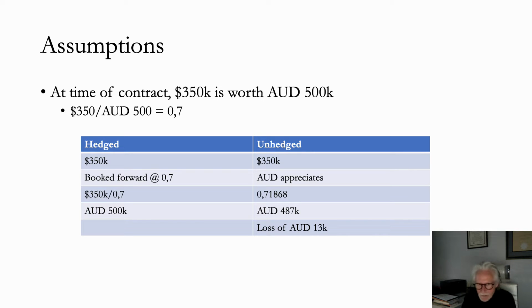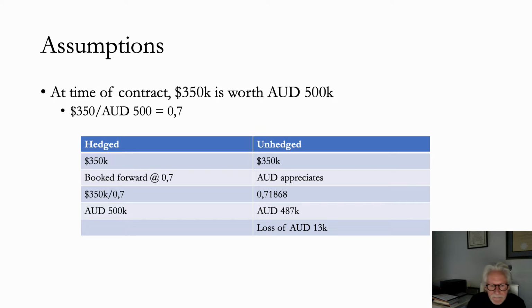If, on the other hand, we take another scenario and the exporter decides not to hedge and leaves itself exposed to currency risk, if the Australian dollar appreciates against the US dollar, it's going to cause a loss in the sense that at the time of payment, 3 months out, the 350,000 US dollars purchases less Australian dollars. Why? The Australian dollar got stronger.